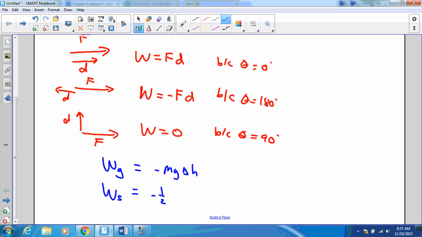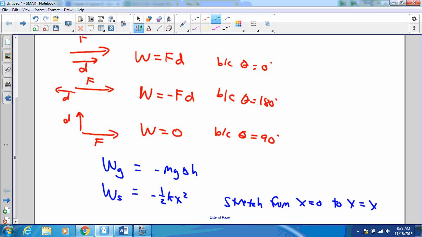And when we did that, we found that the work done by the spring was negative 1/2 kx squared, when I stretch from x equals 0 to x equals x1. So far, so good? All of this should be familiar to you.